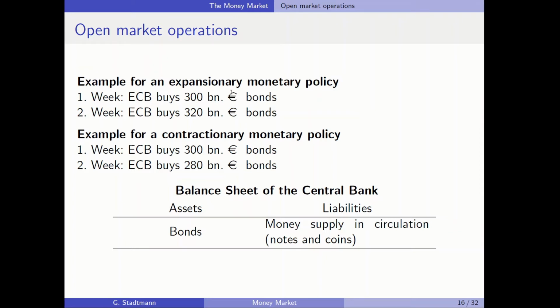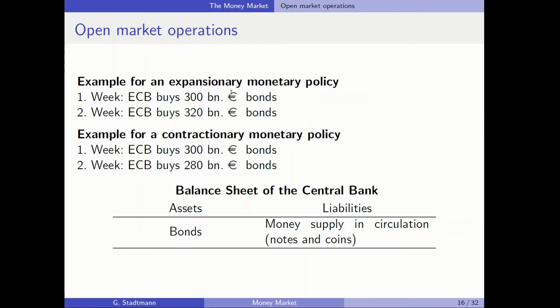In the model we introduced in our first video, the interest rate played a key role. We put the interest rate on the vertical axis of our money market diagram, and the interest rate was the endogenous variable.